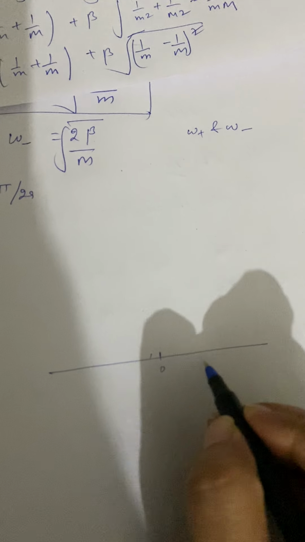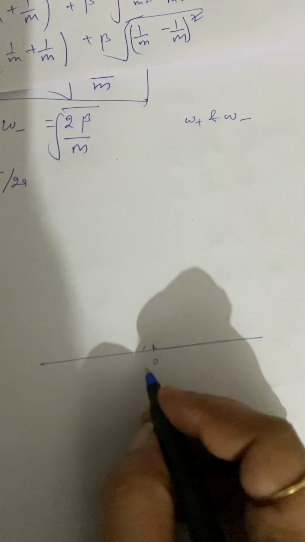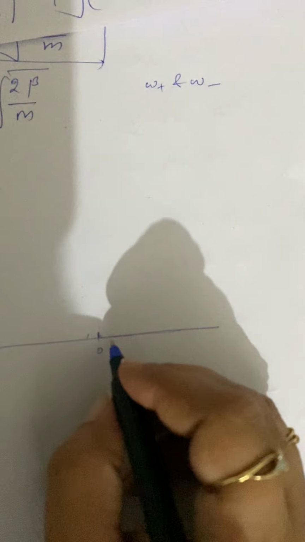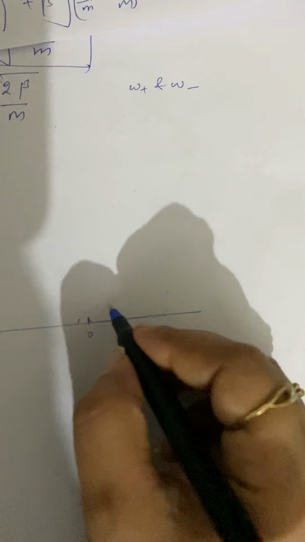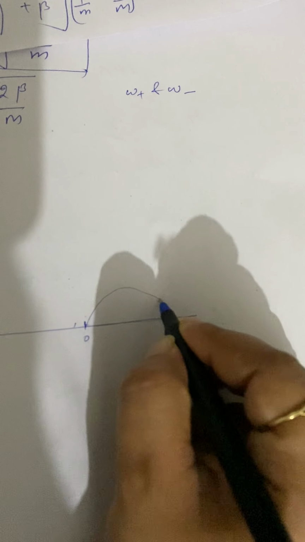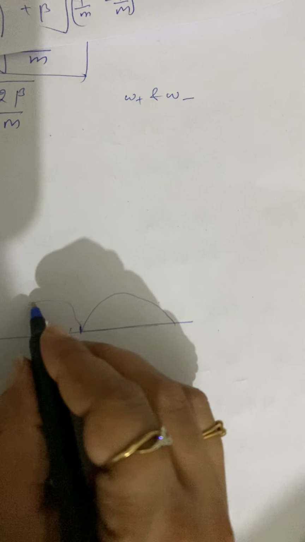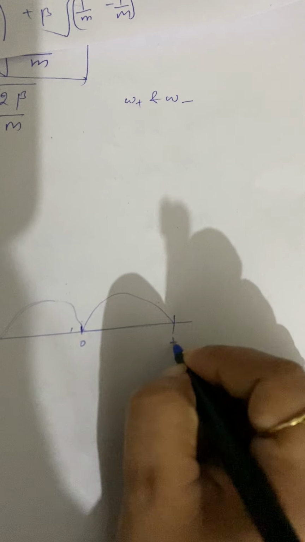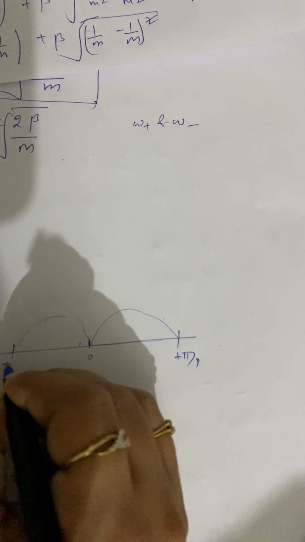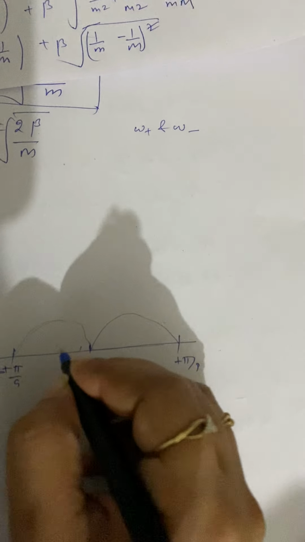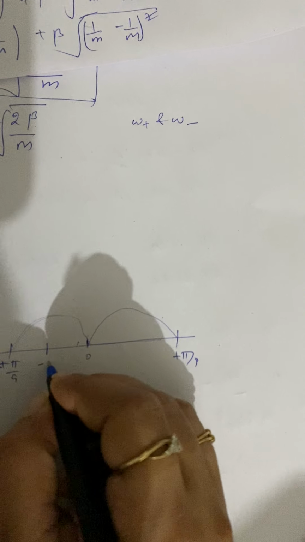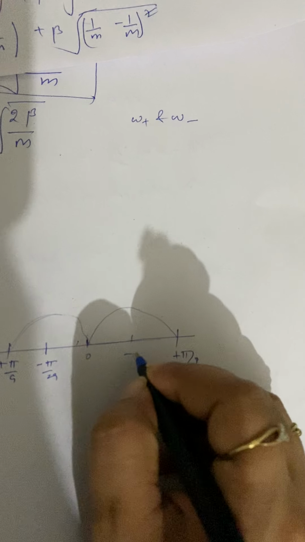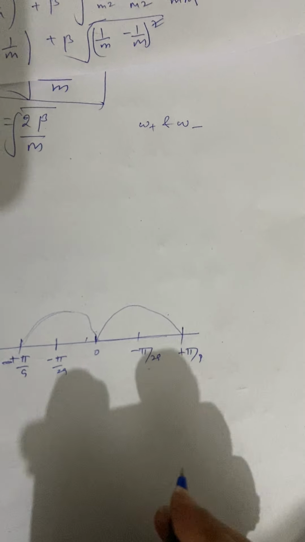If this is 0 and this is the first Brillouin zone, it is like this. Here it is plus pi by a, minus pi by a, and in between it is minus pi by 2a, pi by 2a.